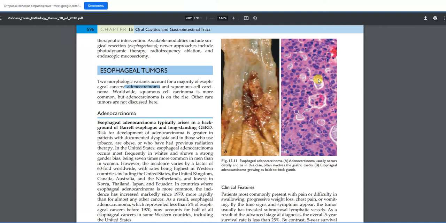So here we see these lesion cells. This is adenocarcinoma, with mucus collecting inside the deepness of this growing epithelia. And here we see atypical cells.